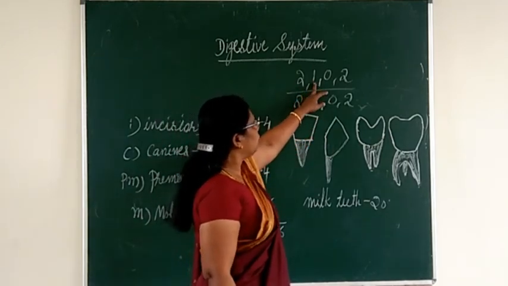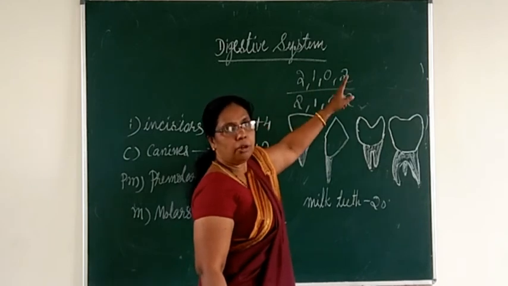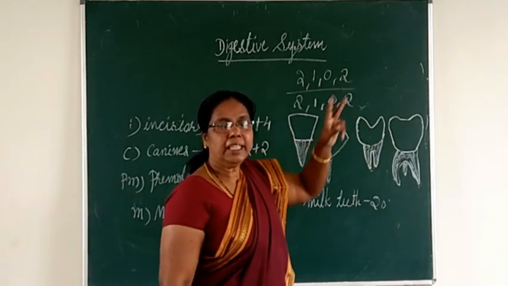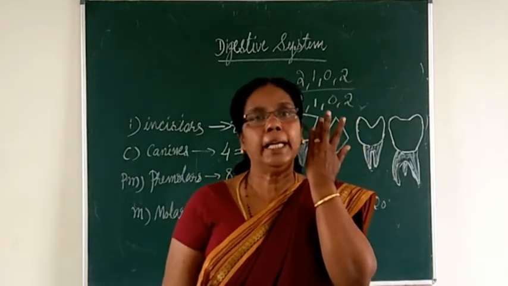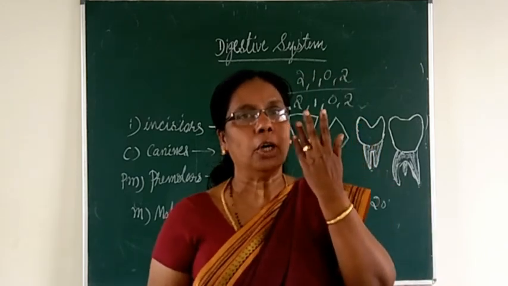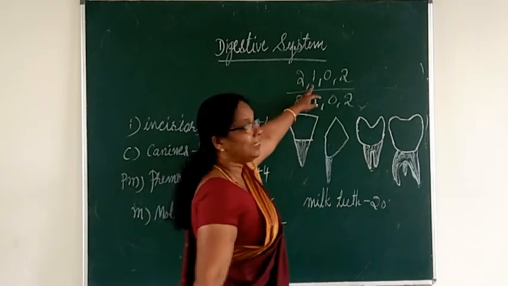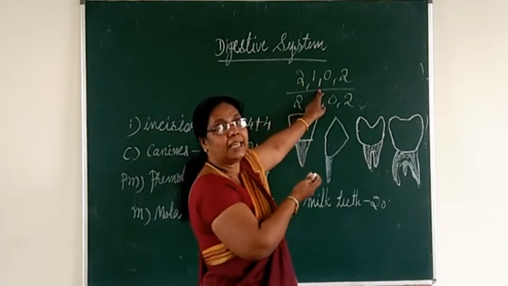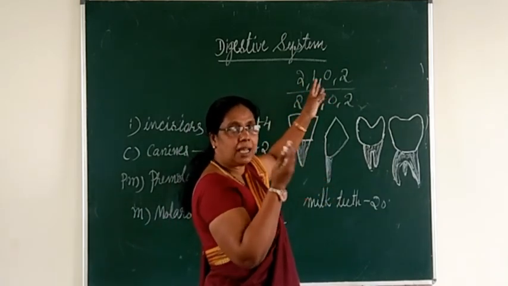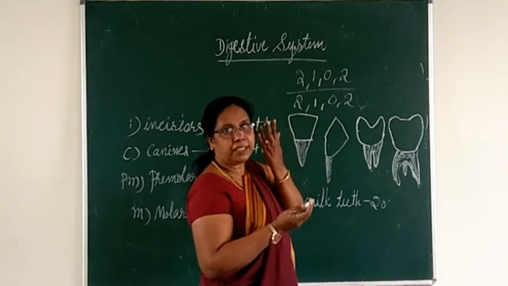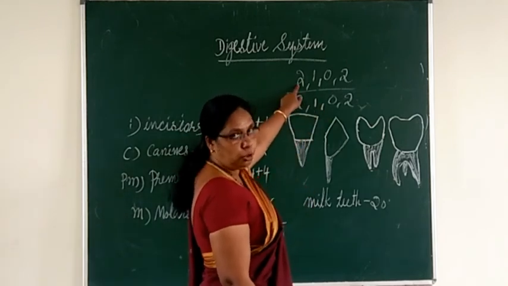Okay, so when you are counting, how many will it be? Like 2 plus 1, 3 plus 2, 5. These 5 are in one side only, on the upper jaw. The above, what I have written, is in the upper jaw, one side only, the left side, from the middle to the left side. What may be these two?